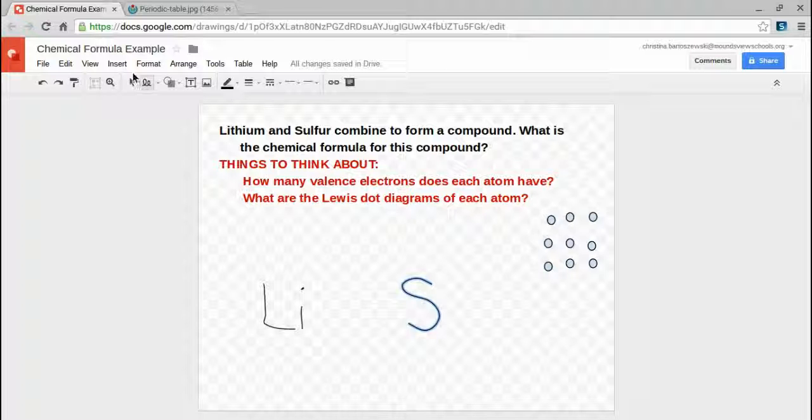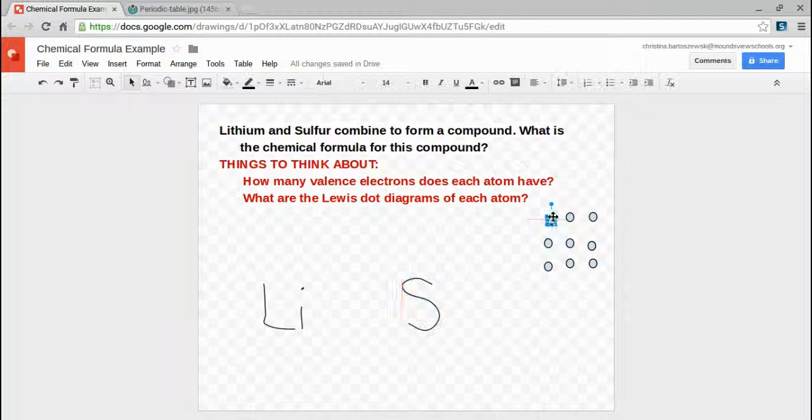Over here I've already made little valence electrons for us so that this goes a bit easier. Lithium has 1, and sulfur actually has 6.